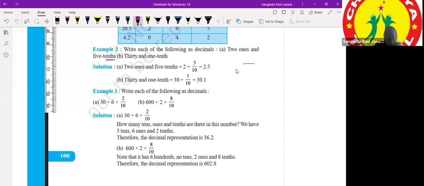You know how to write the place values below like this: ones place, this is the decimal point, tenths, hundredths, thousandths. So where will you write? This is 2 ones and 5 tenths. The tenths place is this, so you will write 5 below this. That's 2.5.